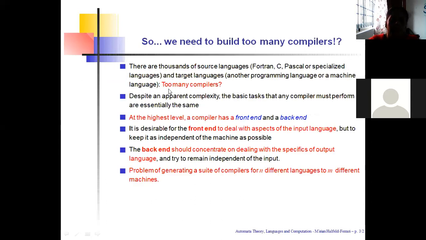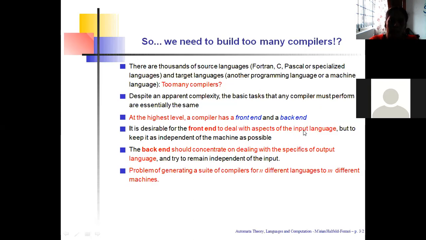For each and every language, is it necessary to have a compiler? That is the main question here. At the highest level, a compiler is divided into two categories. One is a front end, another one is a back end. Okay, a compiler which is having two phases. Front end, which will deal with the input language.